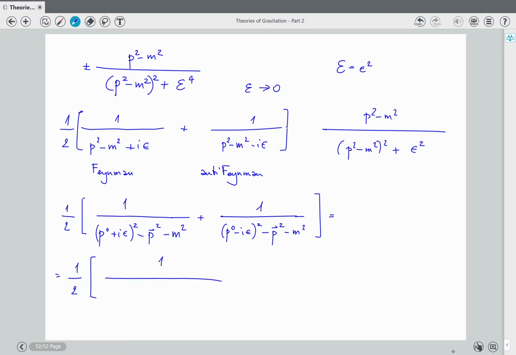If you expand that p squared, that is equal to p squared minus m squared plus 2I epsilon p0.